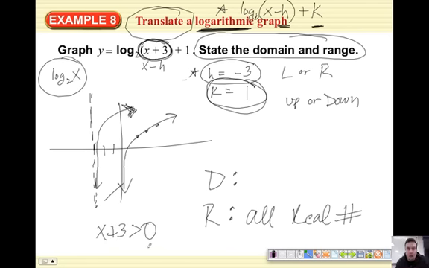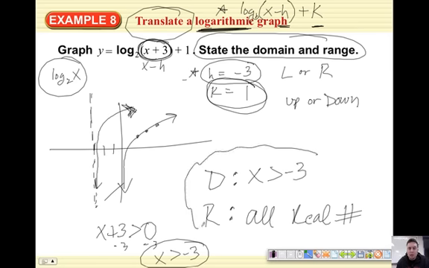Just solve this and you're done. Minus 3, minus 3. X has to be greater than -3. That's your domain. I taught you how to do that for the exponential functions as well. So x is greater than -3.